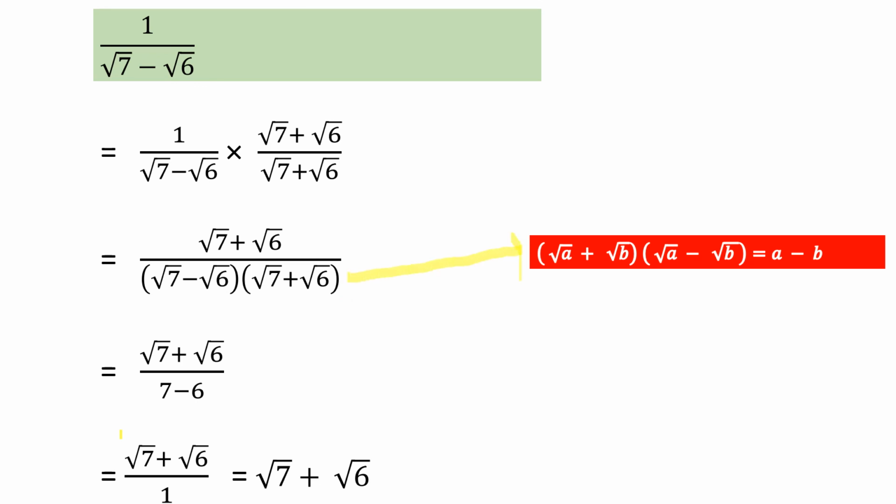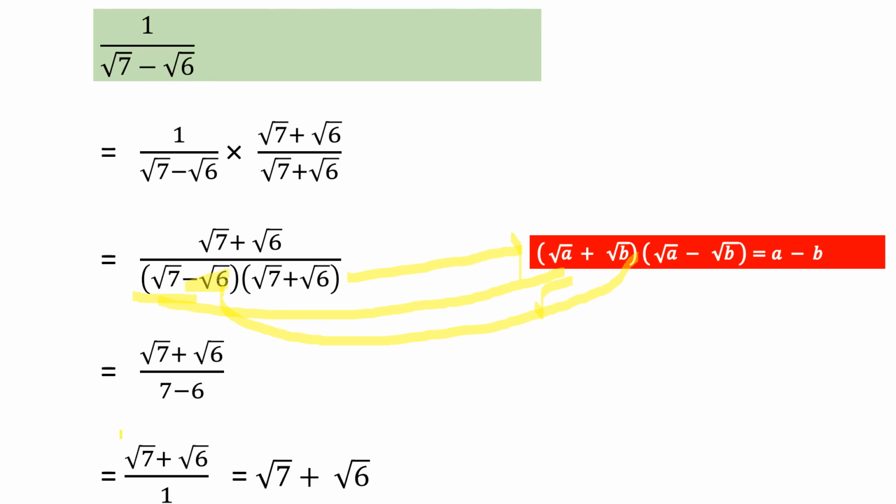Root 7 I can treat as root a, and root 6 I can treat as root b. Then root 7 again. So you can see root 7 plus root 6, root 7 minus root 6, right?